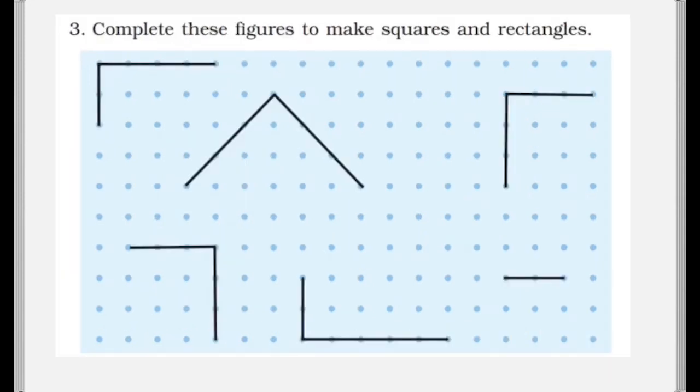So moving ahead, complete these figures to make squares and rectangles. Okay, so we'll complete these figures like this. This is one. Over here again. So in this manner we can complete all these figures to form squares and rectangles.